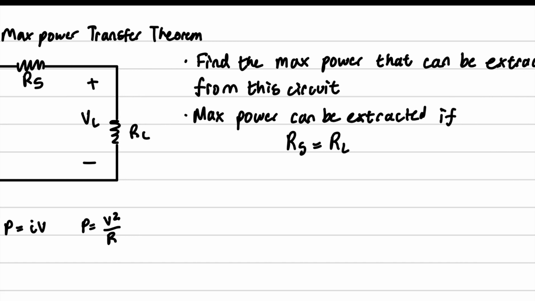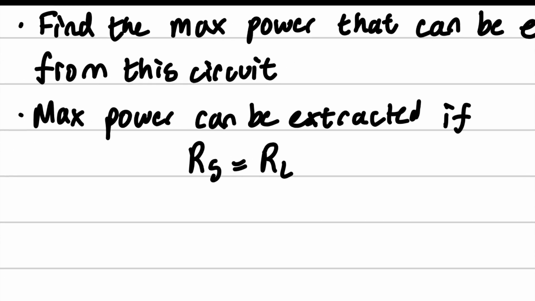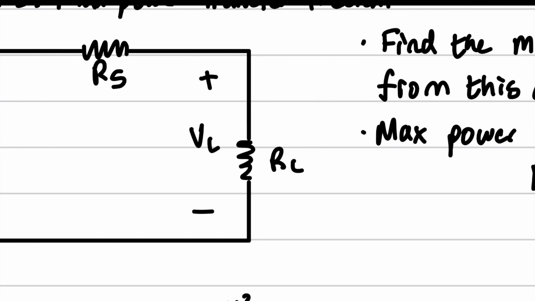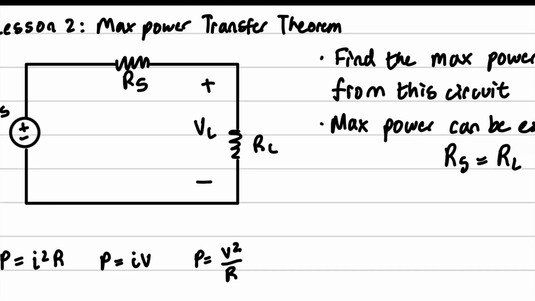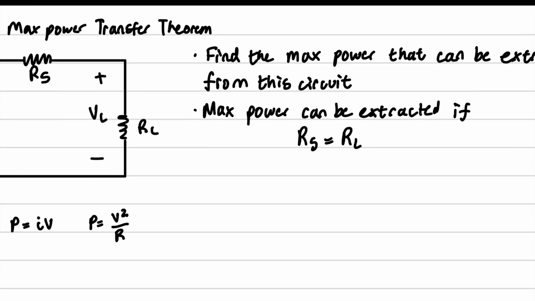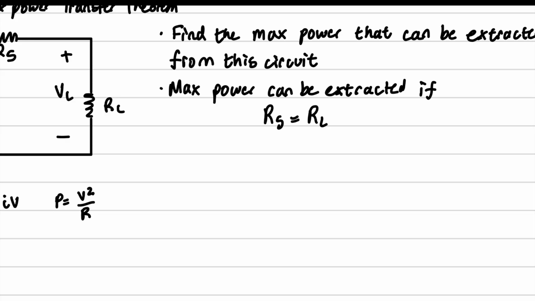And the idea is that max power can be extracted if RS is equivalent to RL, okay? So that they are matched together, all right? And the underlying formula that we are going to use to find this max power is PL equals VS squared over 4RS.